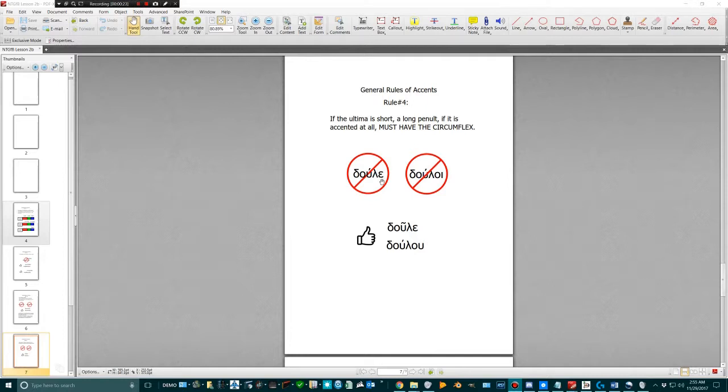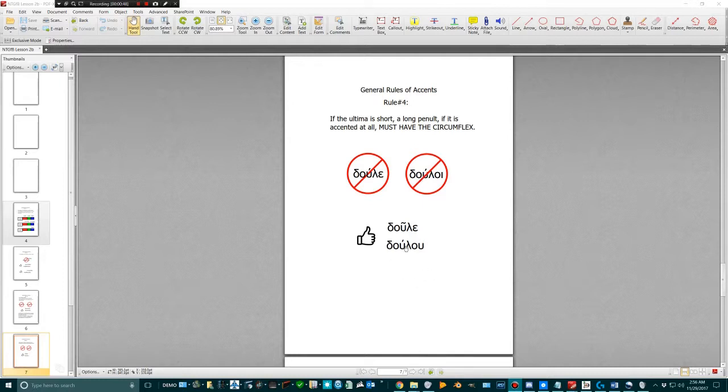The epsilon is short, and this is long, has an acute above it. Must have the circumflex. Here, another example. Douloi. Omicron iota is short. The omicron upsilon is long. Cannot have the acute above it.